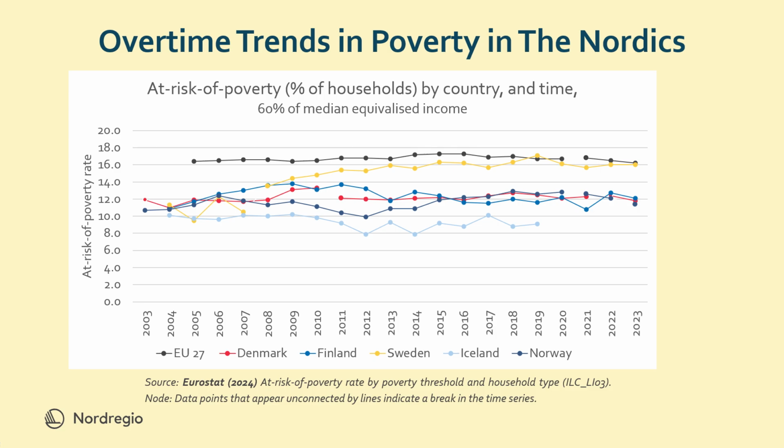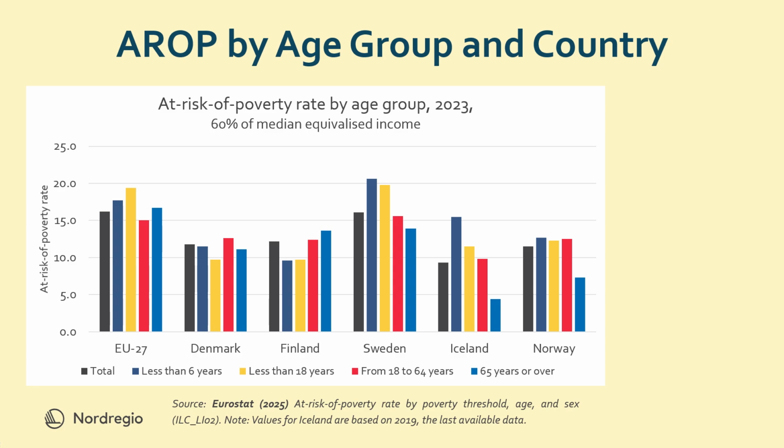It is also important not to look only at the full population, but also at how these risks are spread across different age groups. What we can see here is that, for example, in Denmark, Finland, and Norway, the risks are somewhat similar across all age groups.